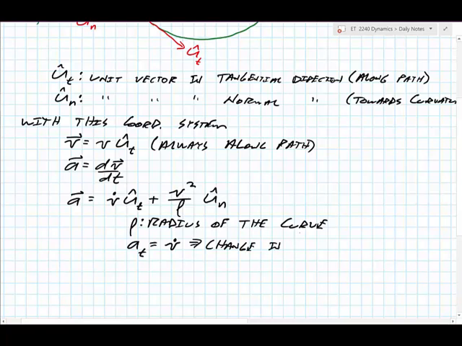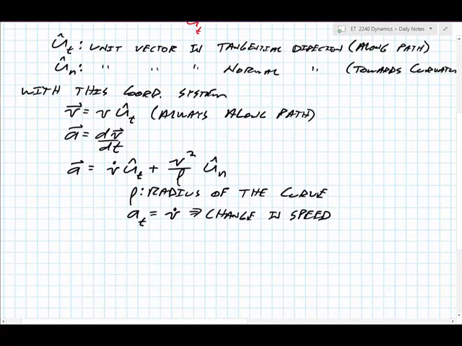That's what we're really familiar with. We always talk about acceleration as being the change in speed. But if you're going around a turn, of course you're accelerating as well because you have a change in direction. That is a change in our normal direction. So acceleration in the normal direction would be equal to v squared over rho. Of course this is our change in direction.